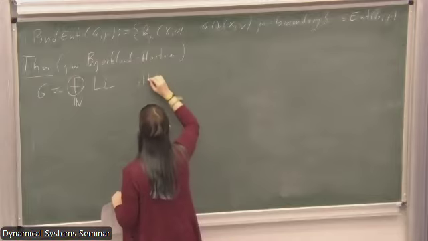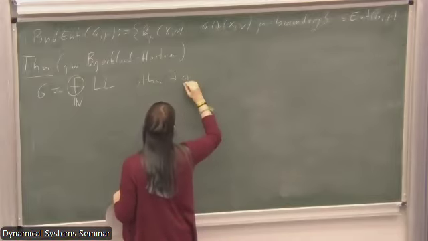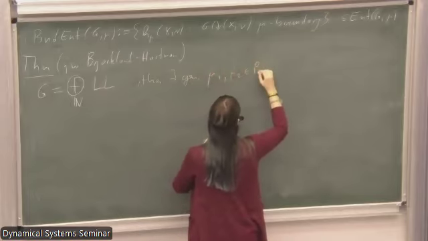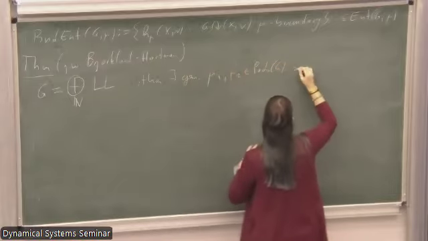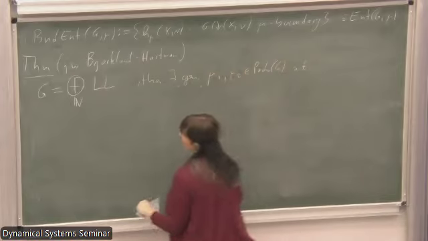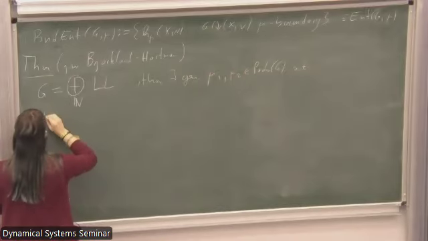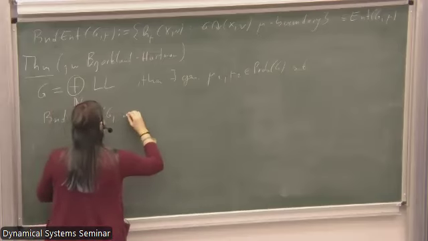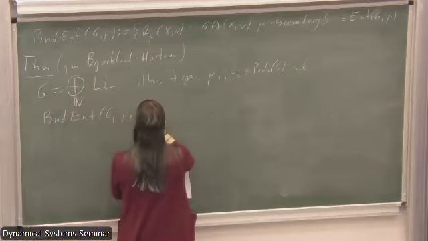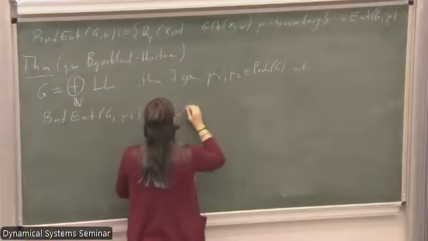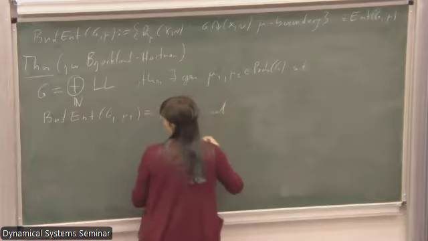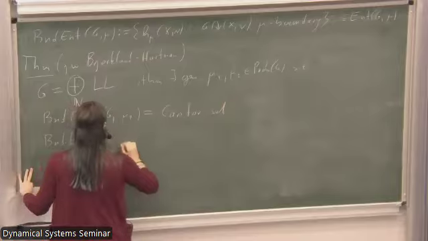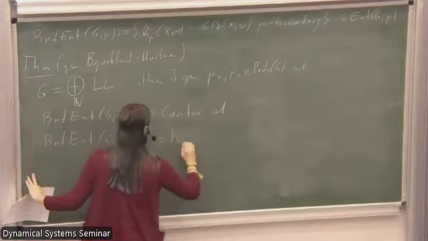And then there exist two generating probability measures mu1, mu2 in Prob(G), such that on one hand, the boundary entropy spectrum of G and mu1 is a Cantor set, and the boundary entropy spectrum of G and mu2 is an interval.